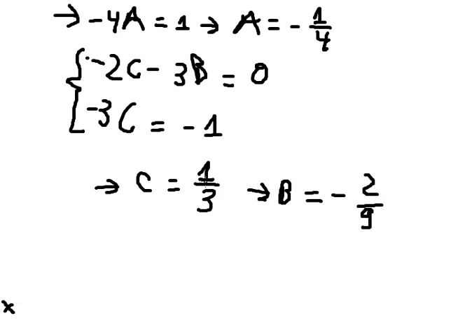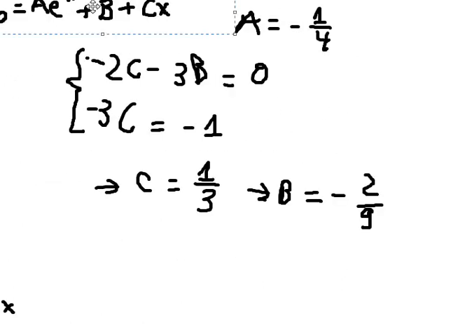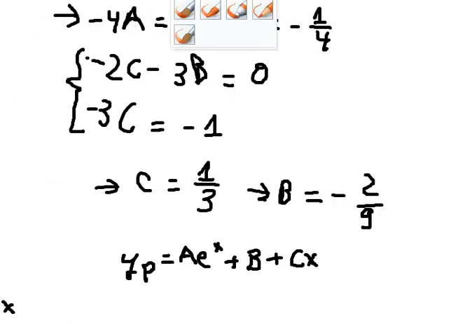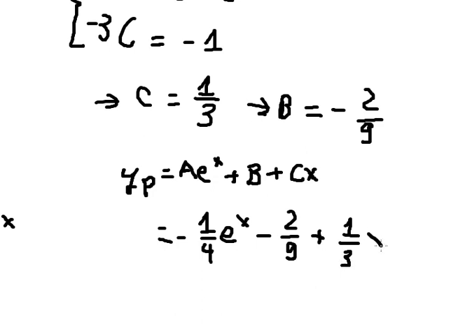Now we put a, b, c in here. So we have a equals negative 1 over 4 e to the power of s. B is negative 2 over 9. And c is 1 over 3 s.